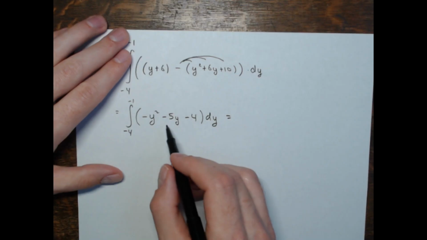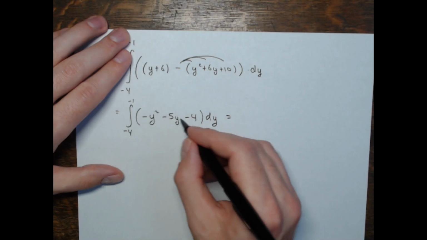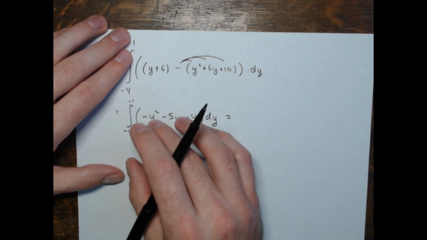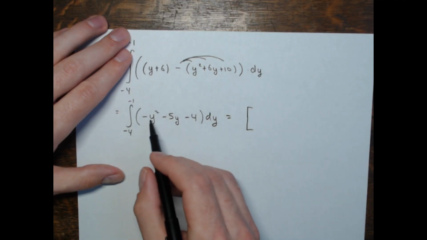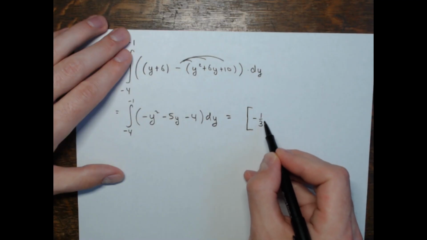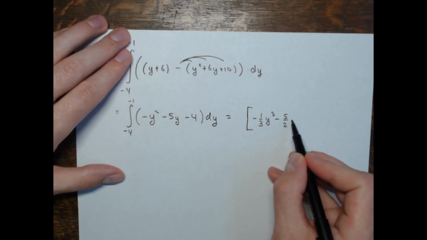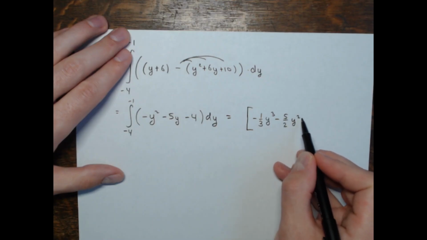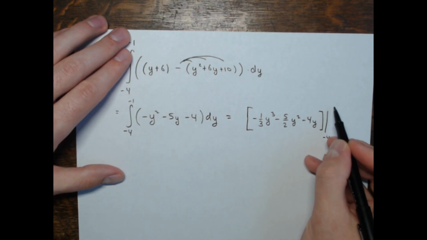You just treat it like normal, as long as the variable of integration in the differential is the same as the variable the expression depends upon. Go term by term, use the power rule here. So this would be -1/3 y cubed minus 5 halves y squared minus 4y. We're going -4 to -1.